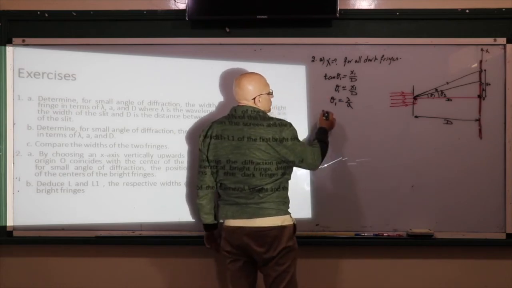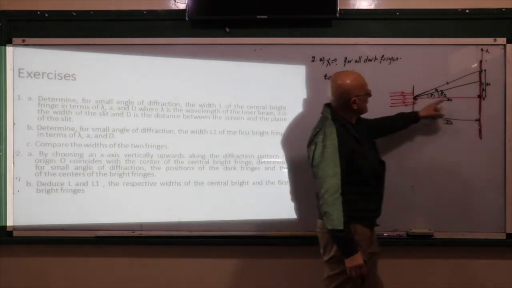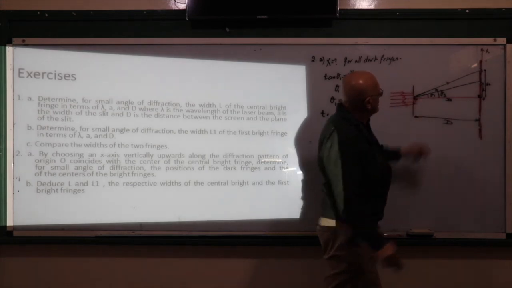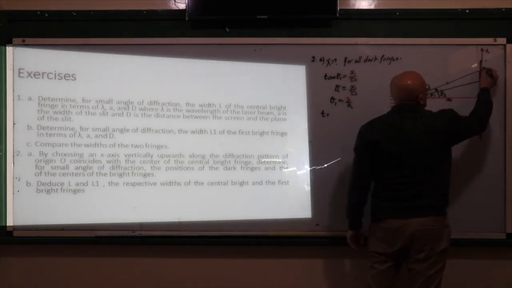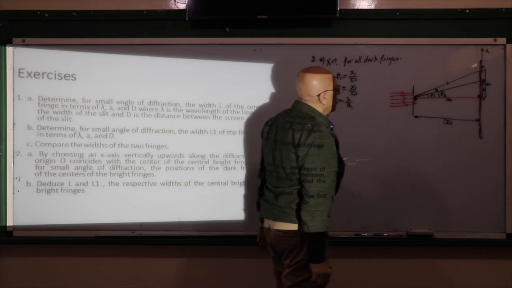Similarly for the second one, this triangle here is right. This is point A, we call it C. Also it's right.